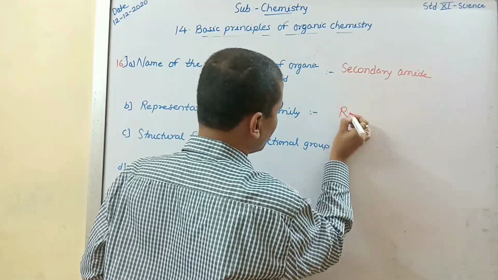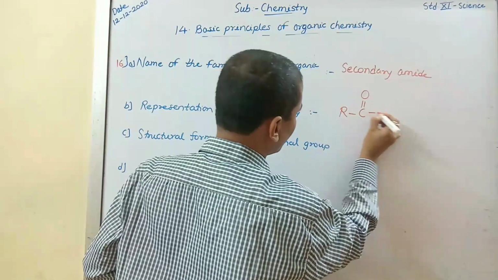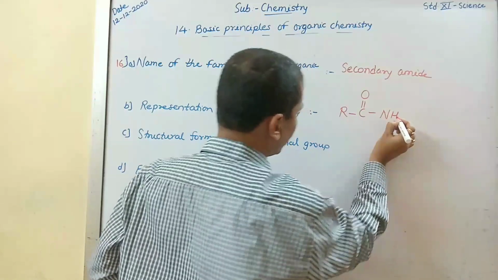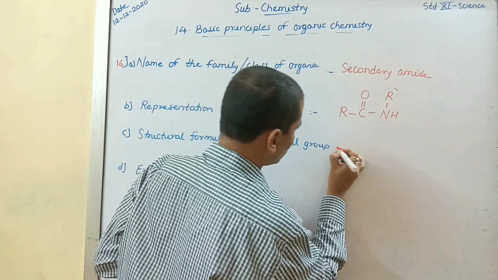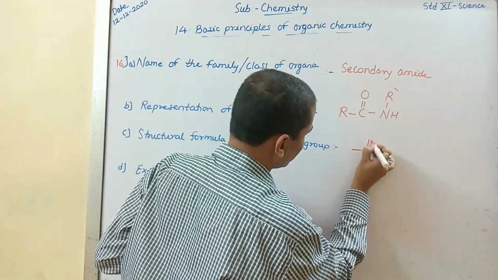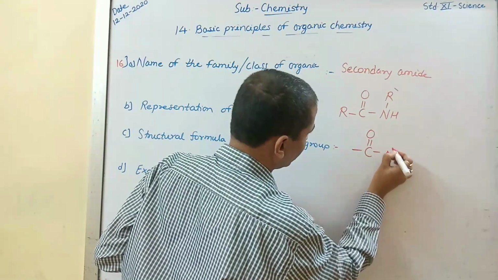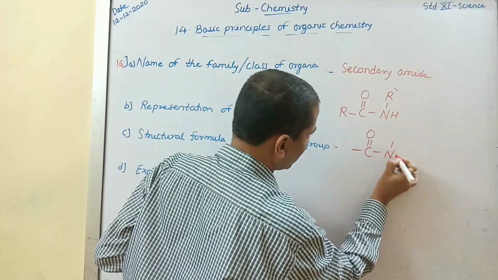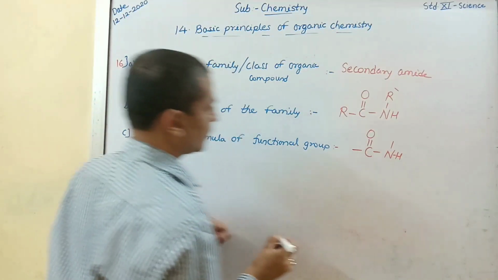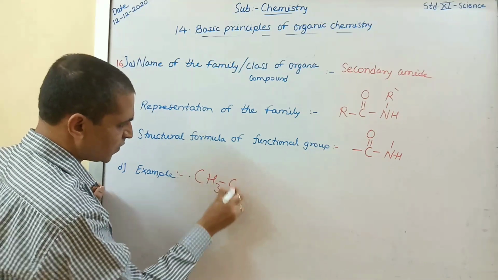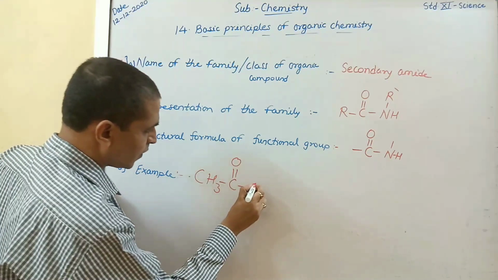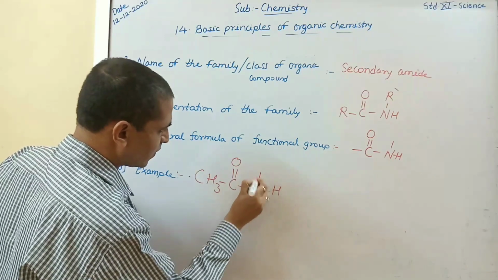Secondly, amide. Here we have RCONHR dash. So the functional group is what? CONH. See the example, CH3CONHCH3.